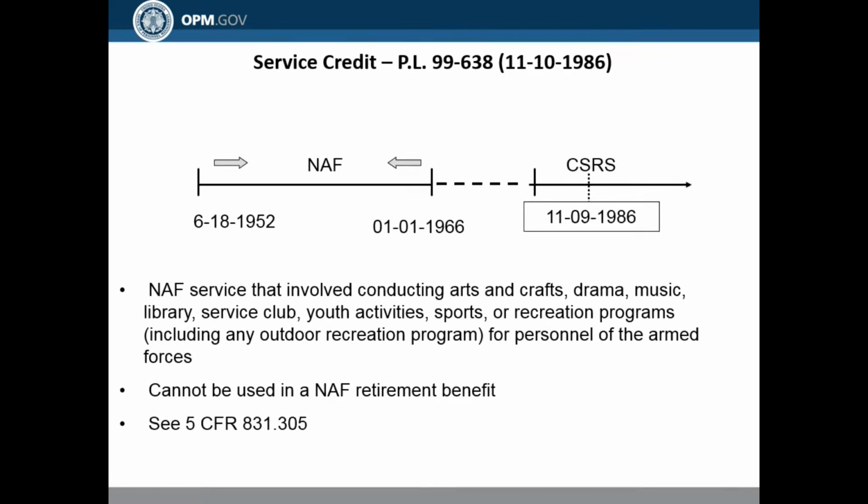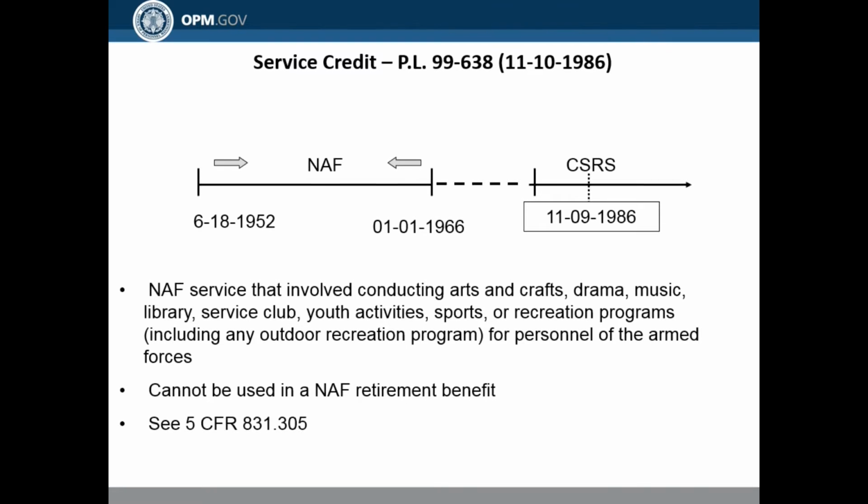That was 11/10/86. NAF service that was included conducting arts and crafts, drama, music, library service club, youth athletic, sports, or recreational programs, including any outdoor recreation program for personnel of the armed forces, is what we're dealing with as far as giving service credit.